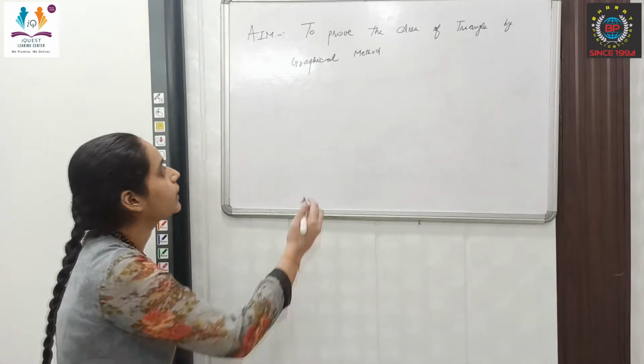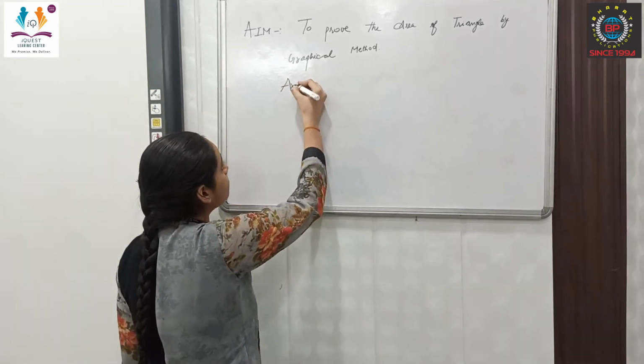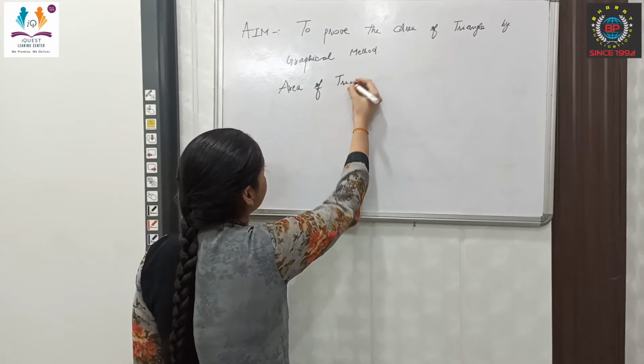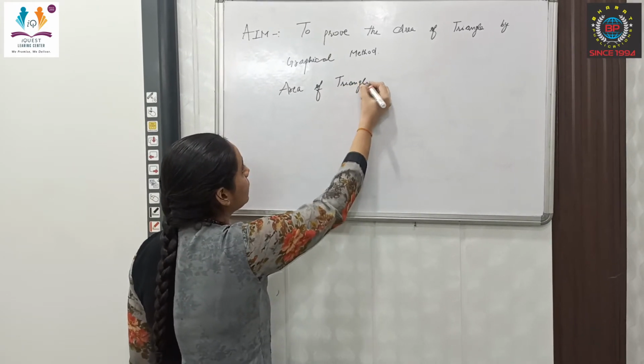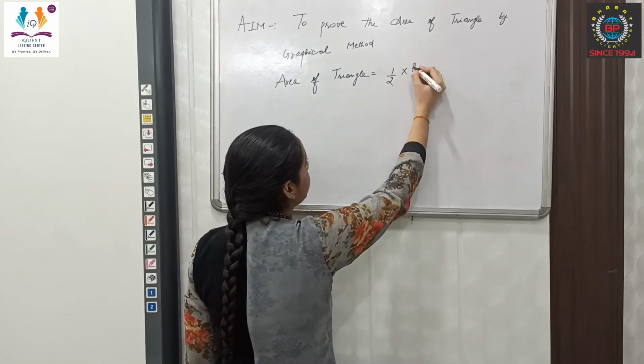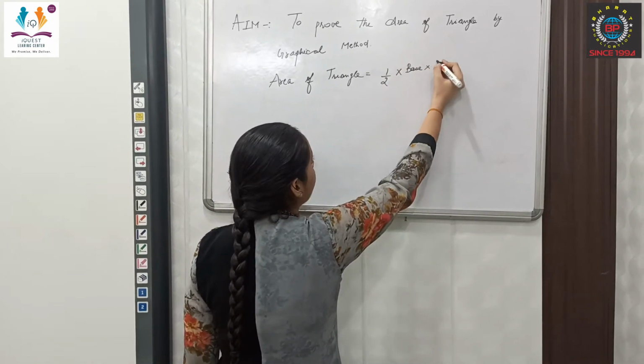We all know that area of triangle is equal to half into base into height.